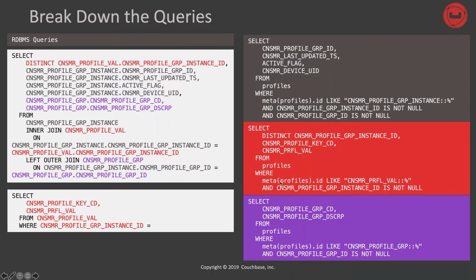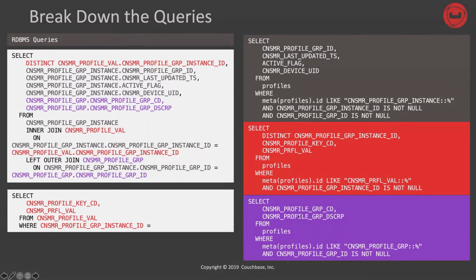Likewise for the second query, the consumer profile val document, I need to be able to project these things, and I also need to be able to filter for the consumer profile instance ID when I'm looking for particular consumer profile vals that are applicable to that particular ID.